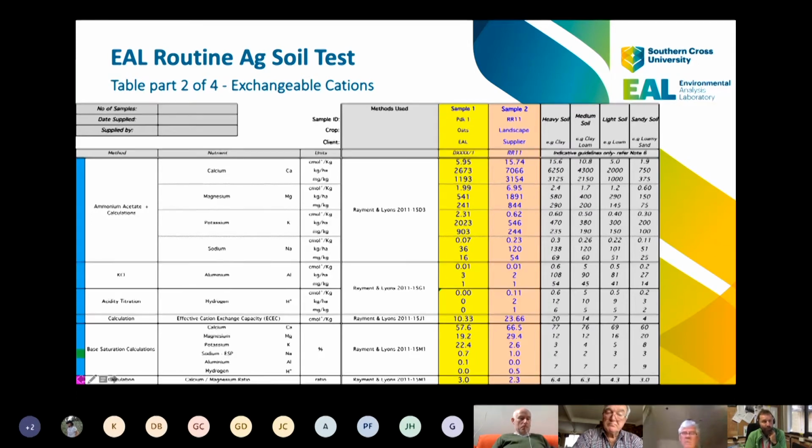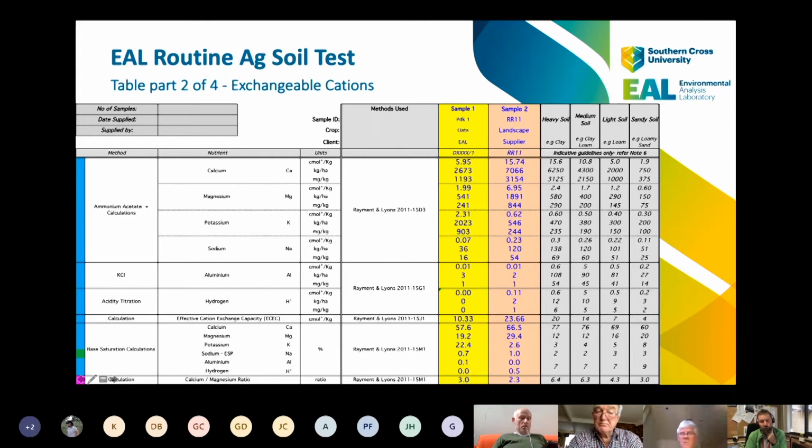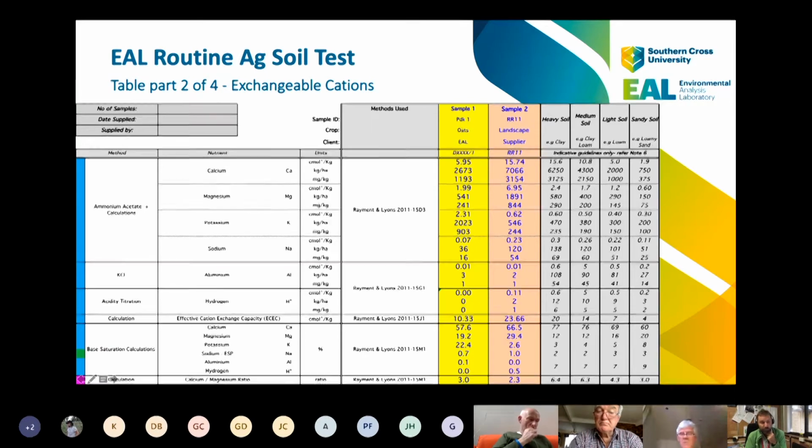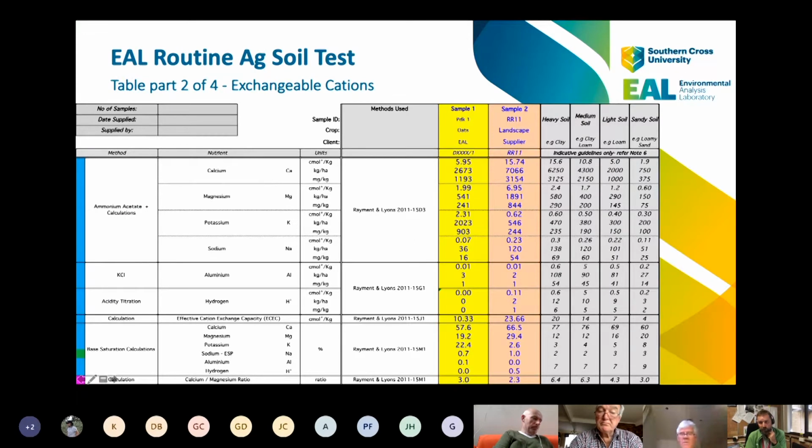Once again, for your landscape as 23, generally you'd take your heavy soil because it's up there. Because you've diluted your profile by a factor of 2 nearly, I'd be looking more towards your medium soil as the guideline you're looking at to see whether you have sufficient nutrients. So because you've diluted it to some extent, I think generally just step back a guideline level. Don't have as much expectation on your nutrients because we've diluted them.